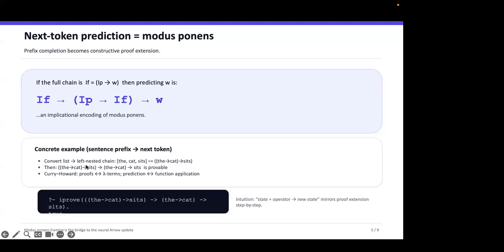So in practice, when you have a very little toy sentence, the cat sits, the same thing is replayed here. The cat sits, the cat, and then the cat is there. Then from those two, you can infer that sits is provable in this very, very weak logic. And of course, the theorem prover also creates the lambda terms, which are the proofs, if we want to see the proofs.